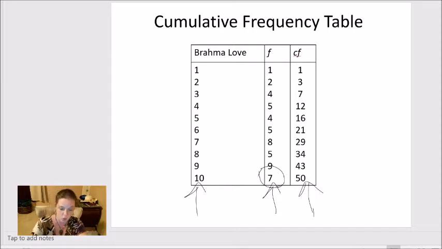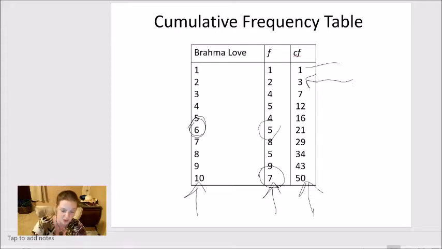So here, one person chose 1. 2 people chose 2. So 1 plus 2 is 3. So what this is telling me right here is that 3 people chose 2 or below. And so let's zoom down to 6. This is the choice 6. On a scale of 1 to 10, how do you feel about the Brahmas? I choose 6.